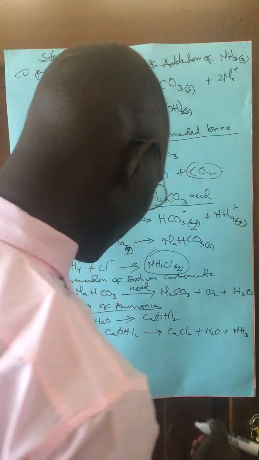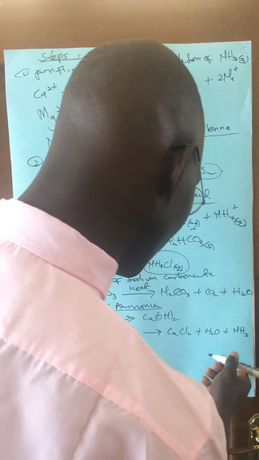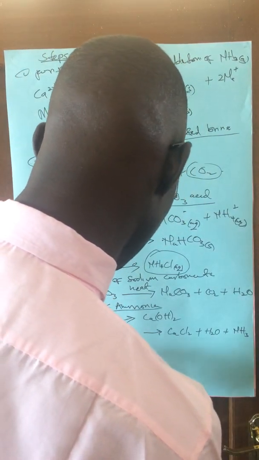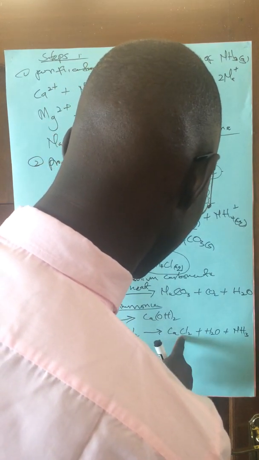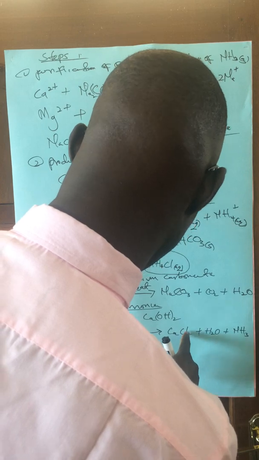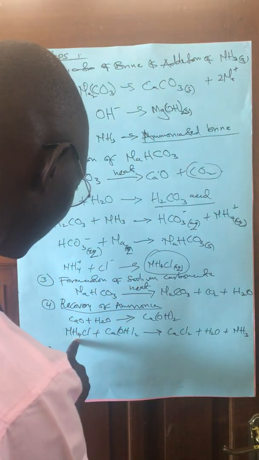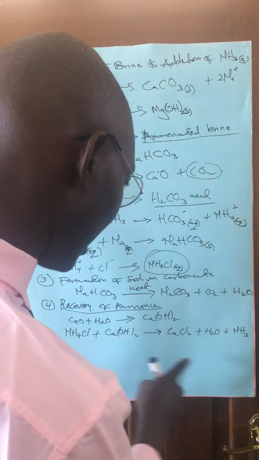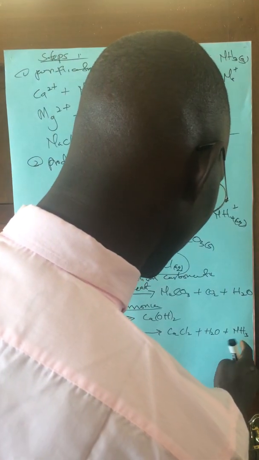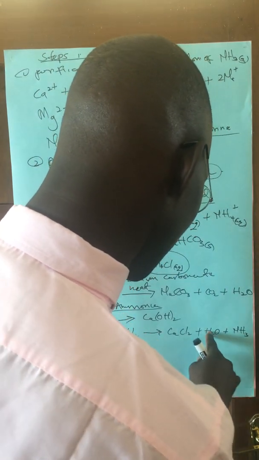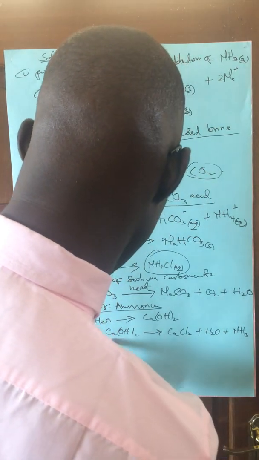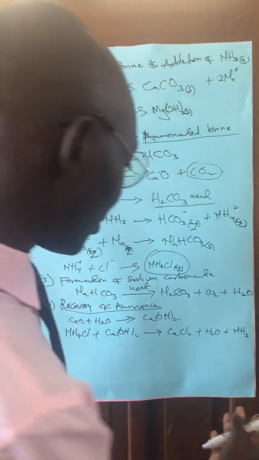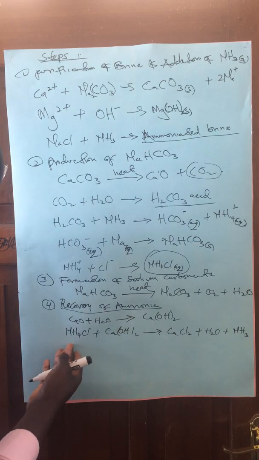Then you confirm if the equation is balanced. As you can see, we have chlorine. Here we have two chlorines. Here we have one. The equation is not balanced. Hydrogen, we have here 2 plus 3, that is 5. Here we have 6. So you need to balance this equation.